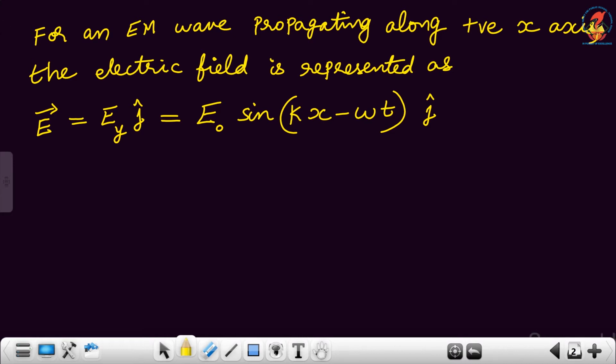So, the equation is vector E equals E y j cap, which is E0 sin(kx minus omega t) j cap.